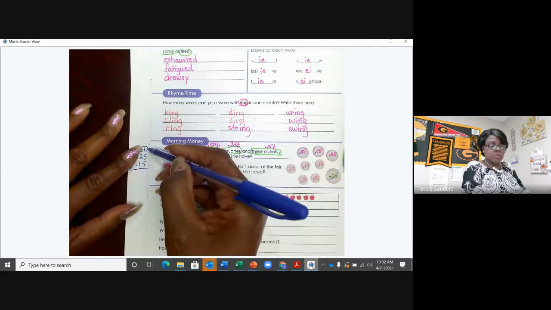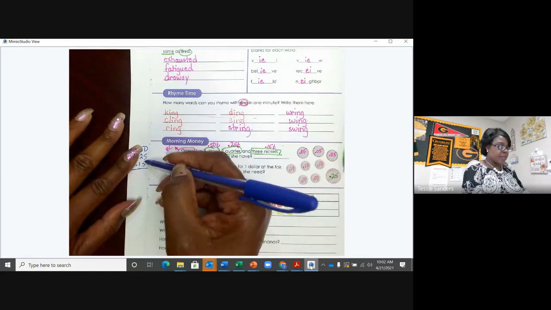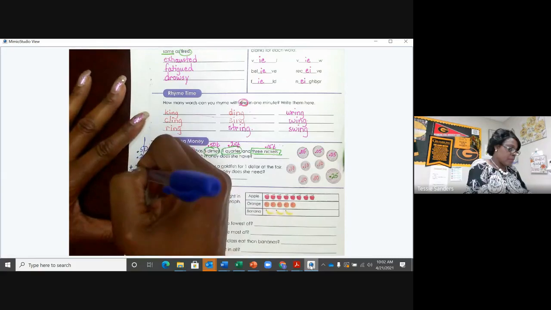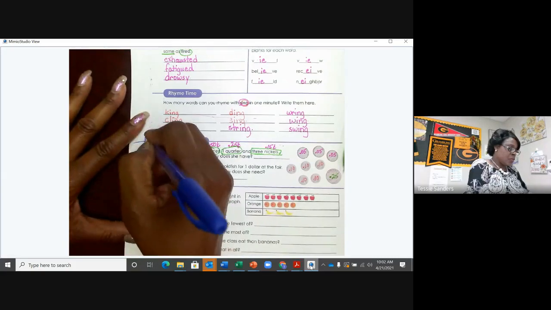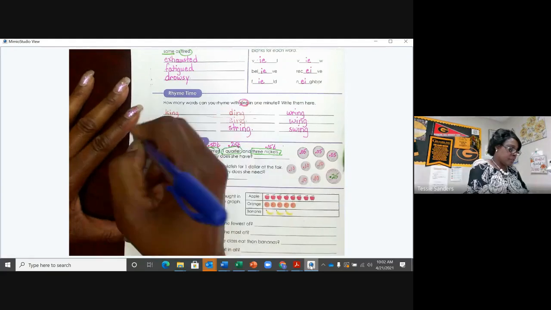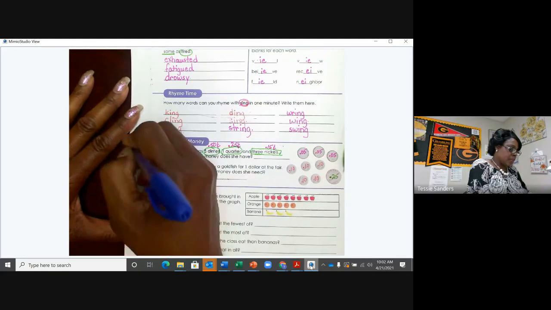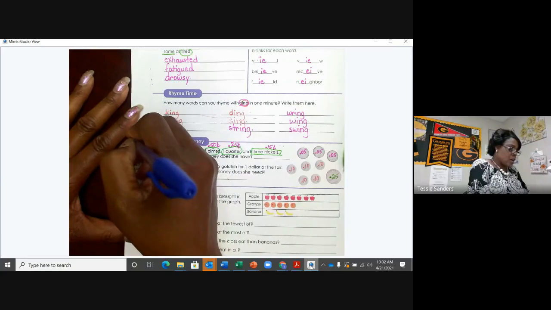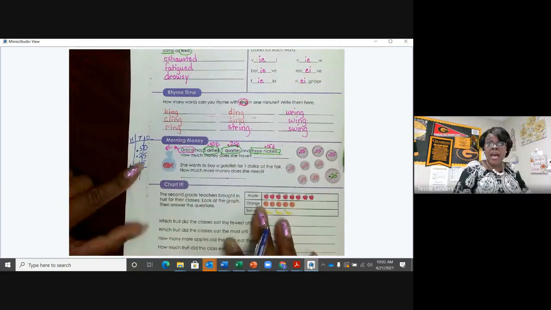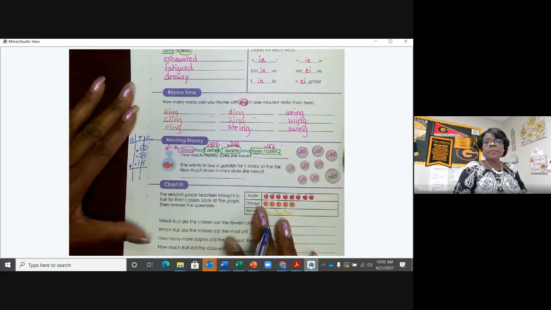0, 5, and 5 are in the tens place. Ones, tens. I'll even make a place for the hundreds. 5 plus 5 is 10.